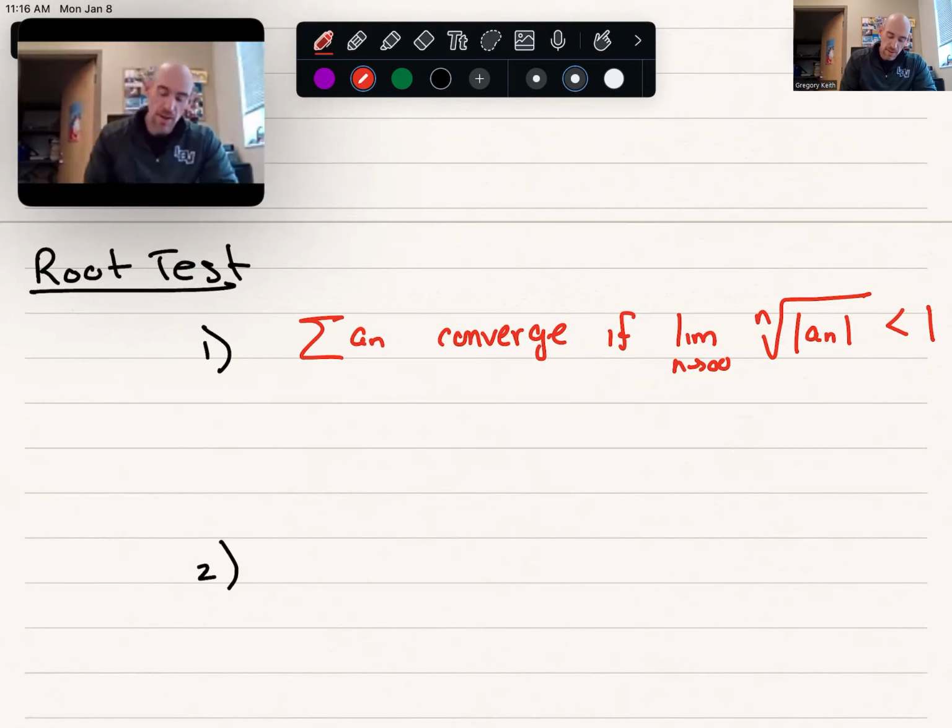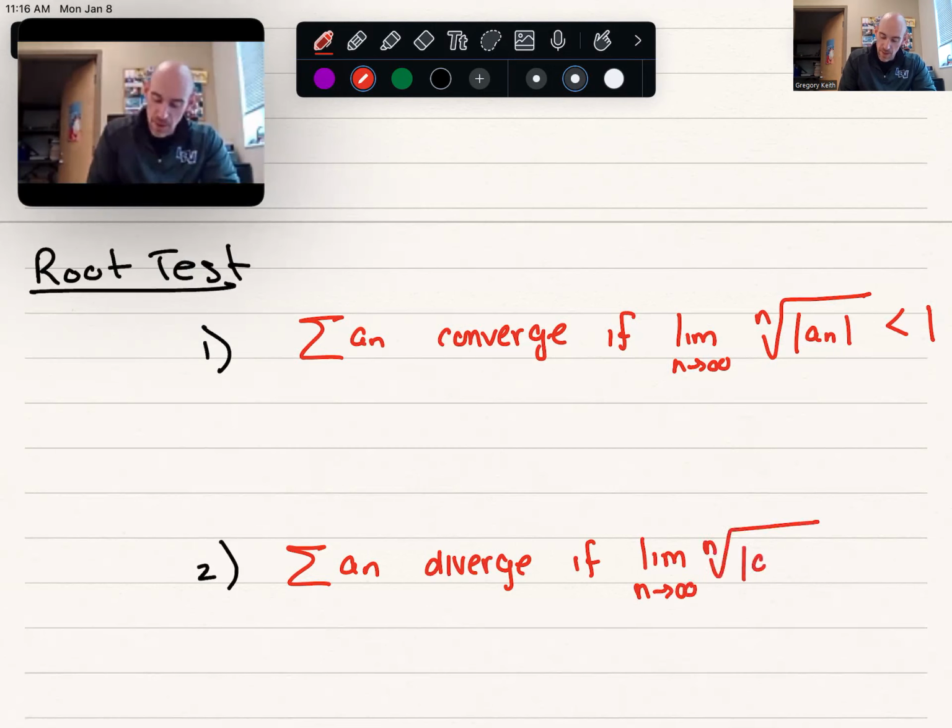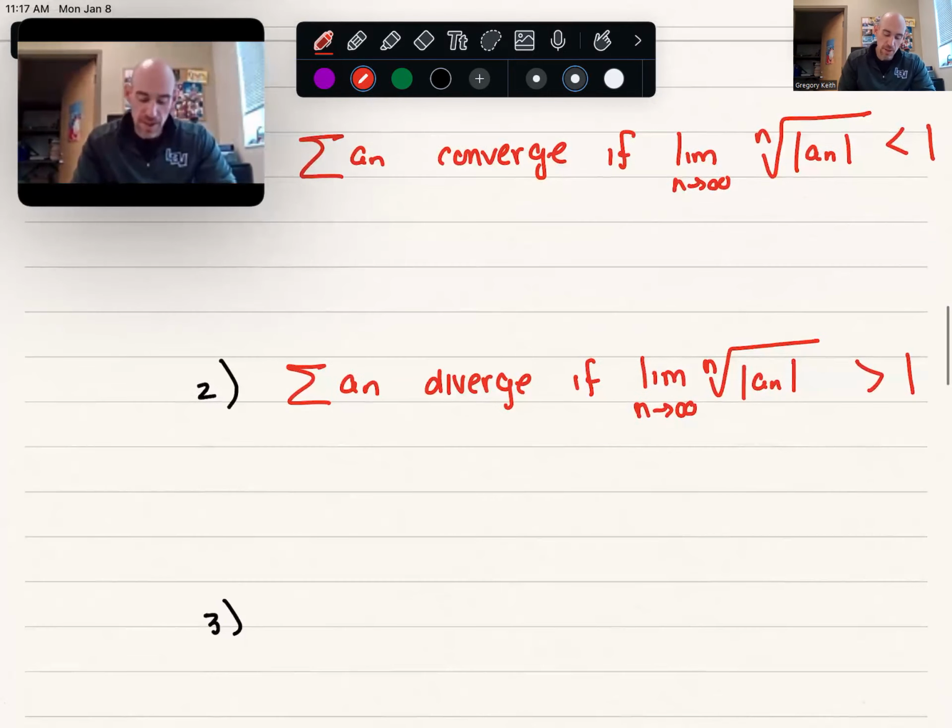Same as the last one. Our second condition is that the series is going to diverge if the limit as n goes to infinity of the nth root of the absolute value of a sub n is greater than 1. So same as our ratio test, greater than 1 is going to diverge.